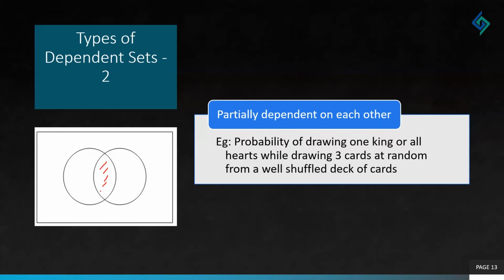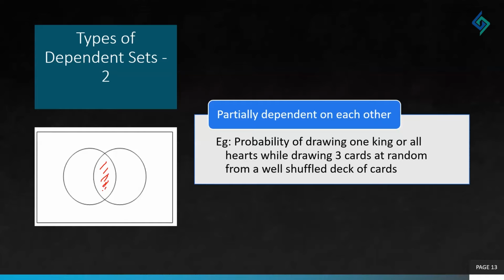Why partially dependent? Because when I'm drawing three cards at random, there is a case in which all three cards are hearts and one of them is a king as well, because there is a king of hearts present. So that probability will lie in this area of intersection.